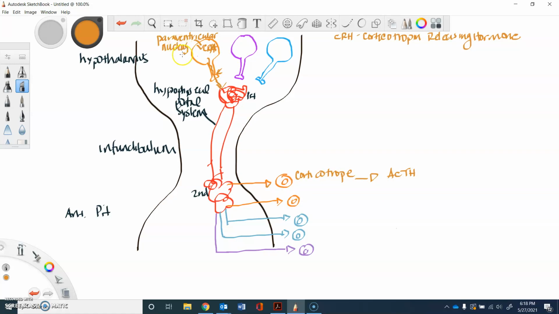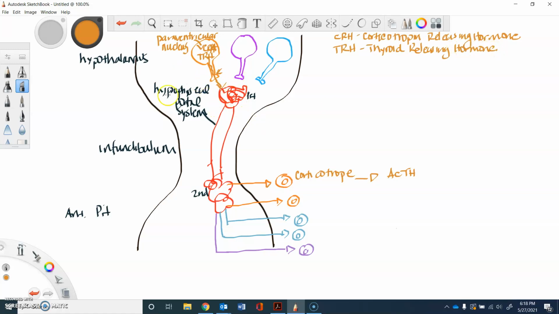All right. The paraventricular nucleus also makes TRH. So TRH, this is thyroid releasing hormone.